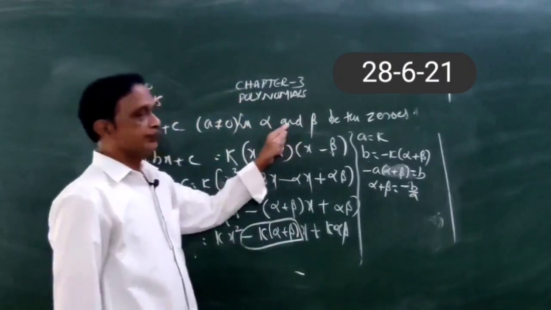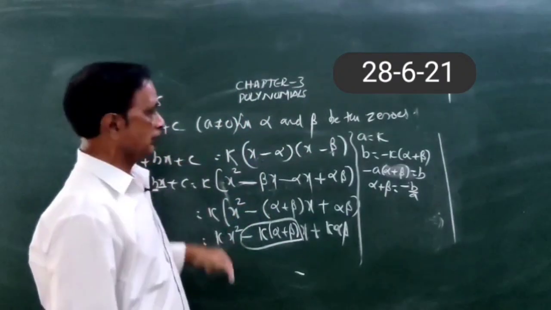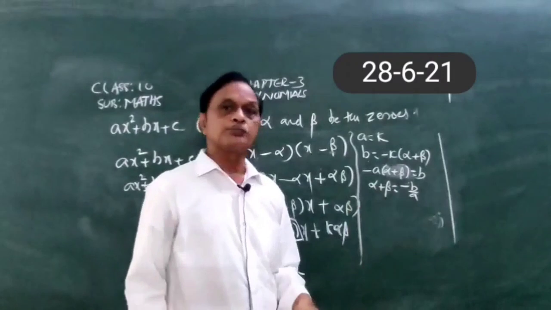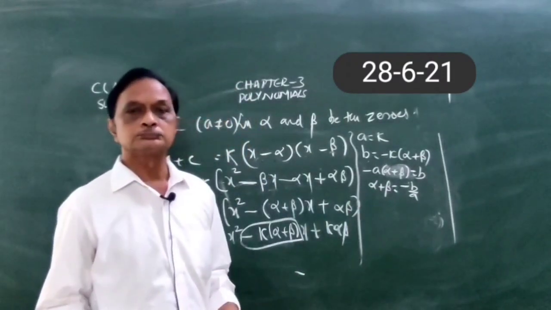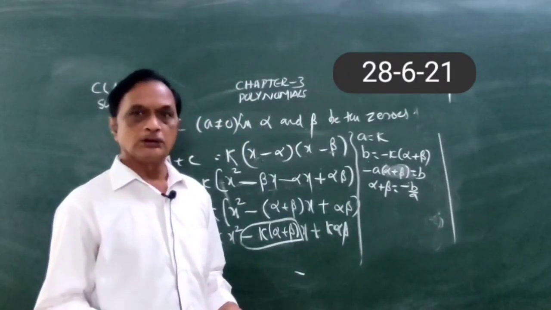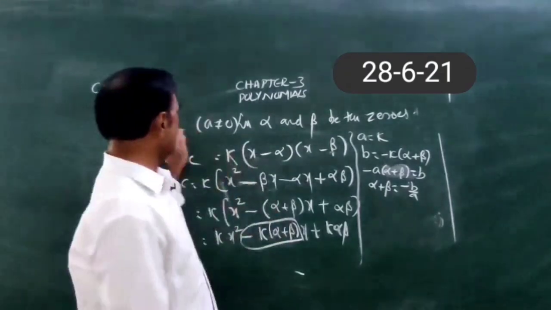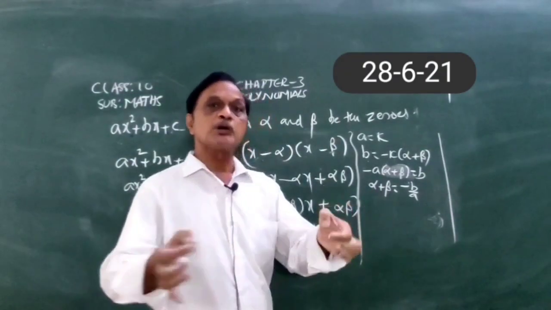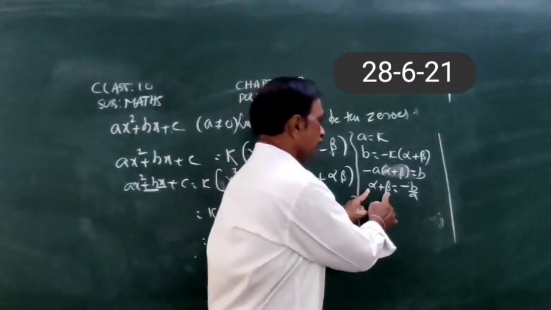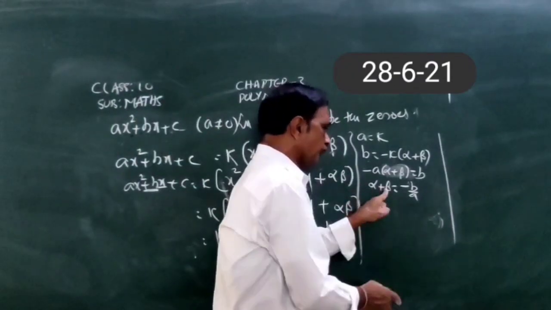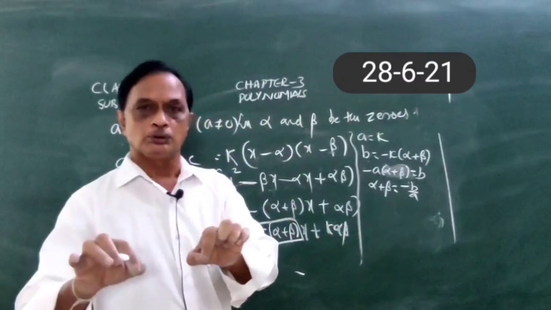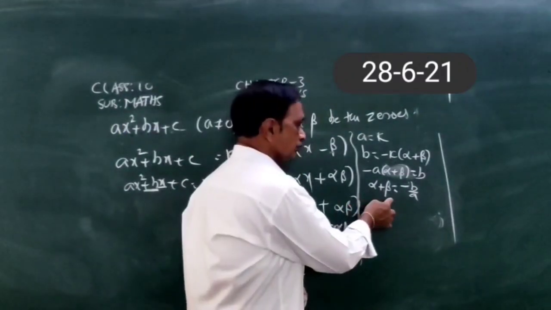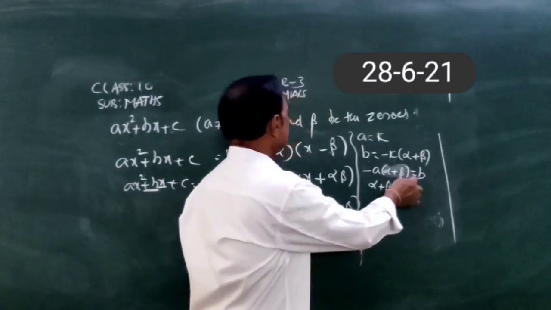If alpha and beta are the zeros of a quadratic polynomial, alpha plus beta represents what? Sum of the zeros. Alpha and beta are the zeros, so alpha plus beta represents the sum of the zeros. So sum of the zeros is equal to minus b by a.